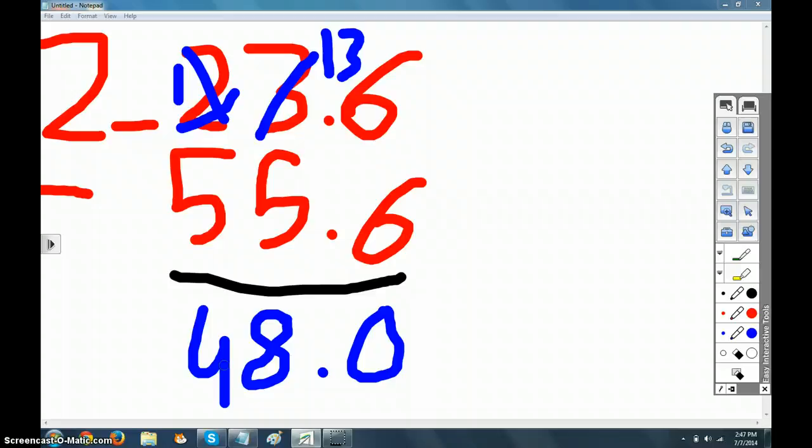This is the answer: 48.0. No problem, point zero is fine.